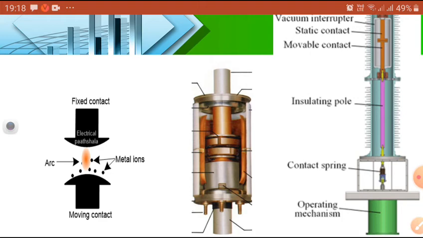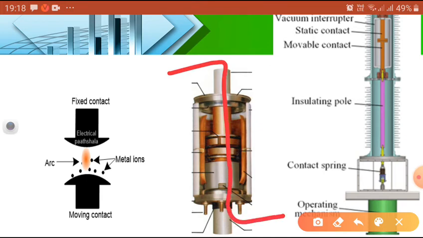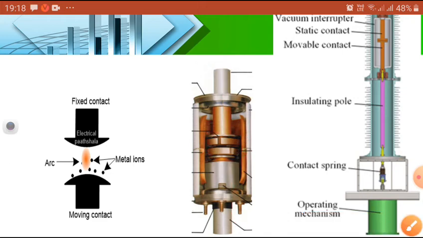Whatever current is coming simply goes through, so no problem in between the two. Both are intact with each other. But whenever a fault occurs in the system, a symmetrical or unsymmetrical fault, the moving contact receives the signal from our intelligent fellow.